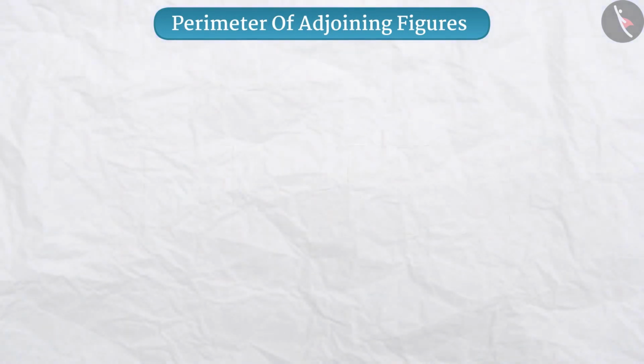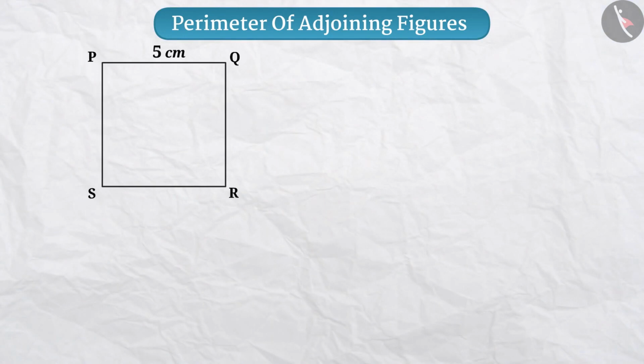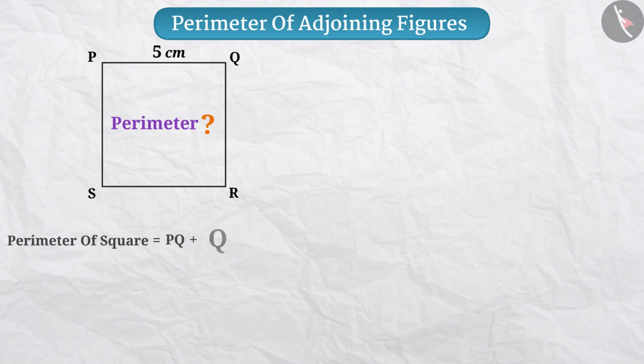Take a paper. Draw a square PQRS with side 5 cm on it. Can you tell what will be its perimeter? Think. Exactly. To find its perimeter, we have to add the lengths of all its 4 sides.